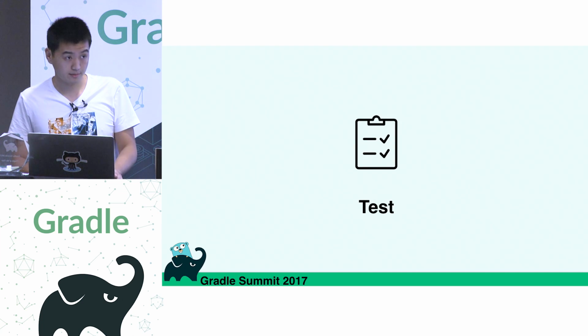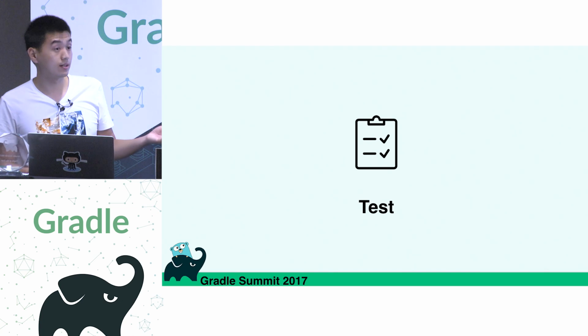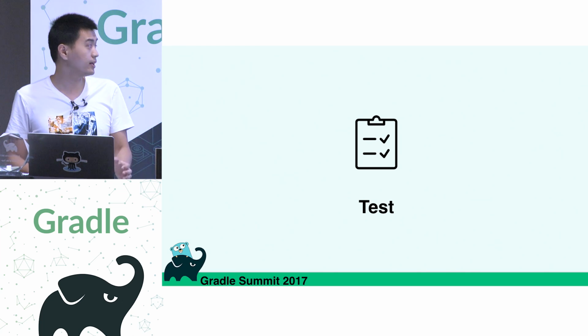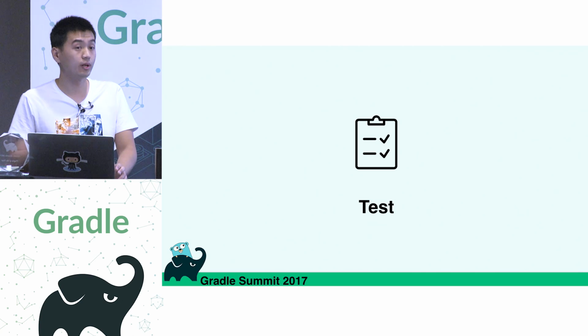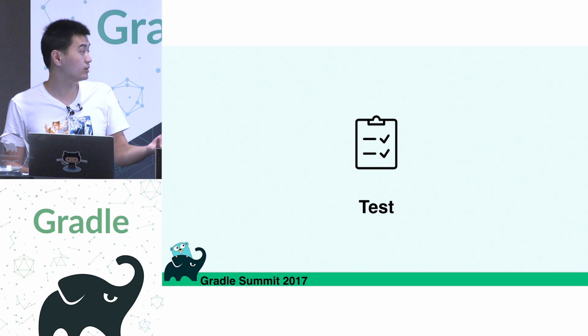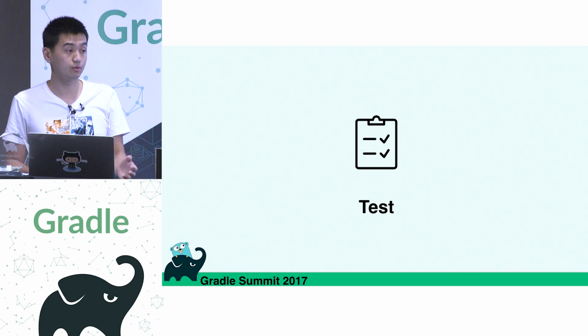And then the test. Go has its own test tools, but it's a bit inconvenient because it will output all results into the console and in plain text. When your project is large, it's a bit hard to find the detailed failed test information. So Gogradle just does something to make it simple to use.